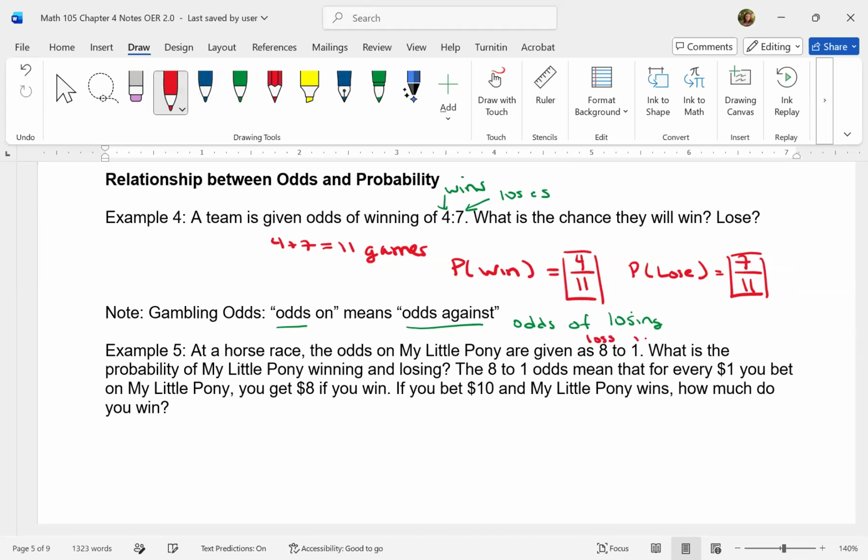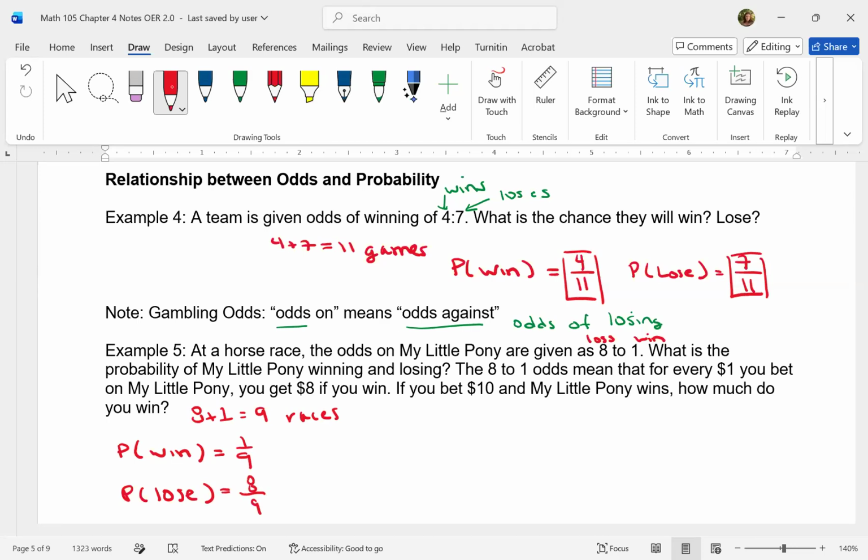And then 1 would be a win. So based on what we just talked about above, that means they're technically talking about 9 races in this case. So the probability that they would win is actually 1 out of 9. And the probability that they would lose is 8 out of 9.